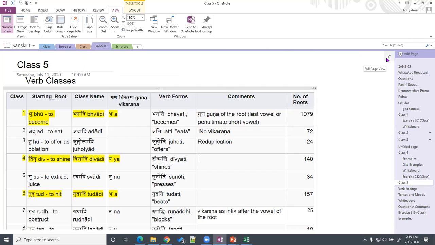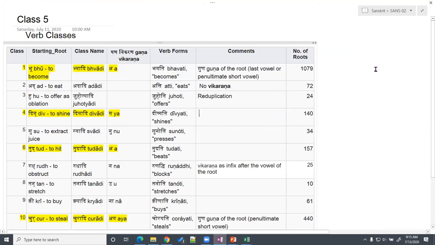Then there is something called verb classes. All the roots in Sanskrit, if you remember, almost all the words are derived from certain root words.